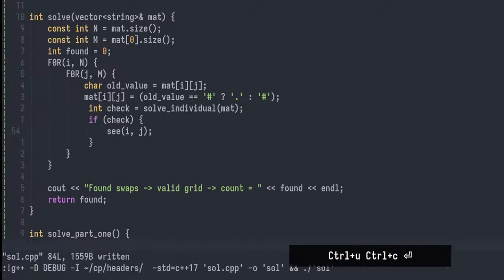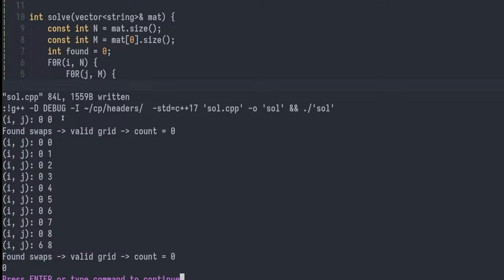Let's see this. For the first grid, we only found 0, 0, which was top left. That's fine.